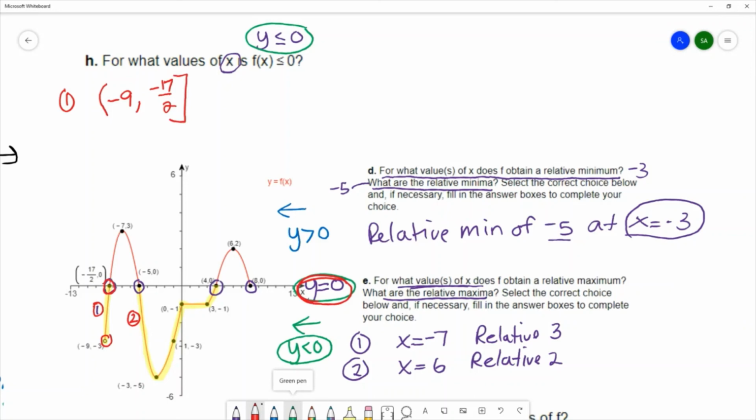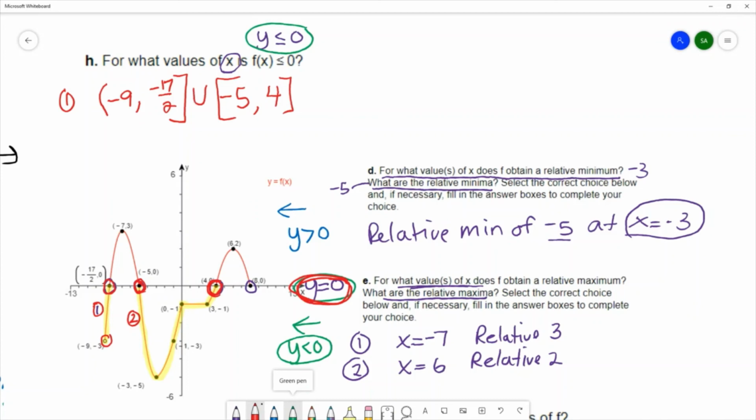Then section 2 begins right here at an x value of -5 and continues all the way until this end with an x value of 4. Both of those ends are on the x-axis. That's when y equals 0, so I want to include them. I'll put brackets.